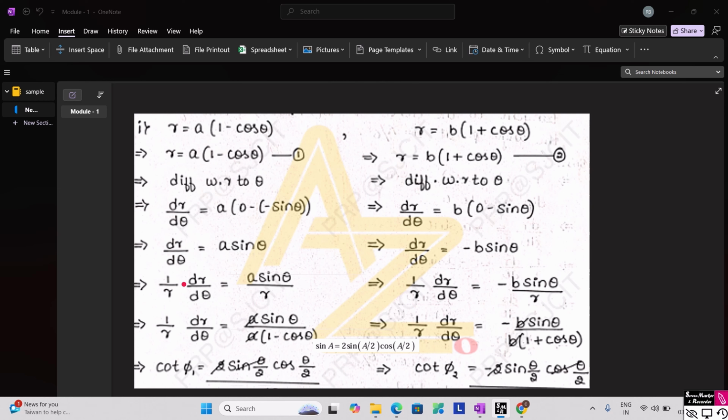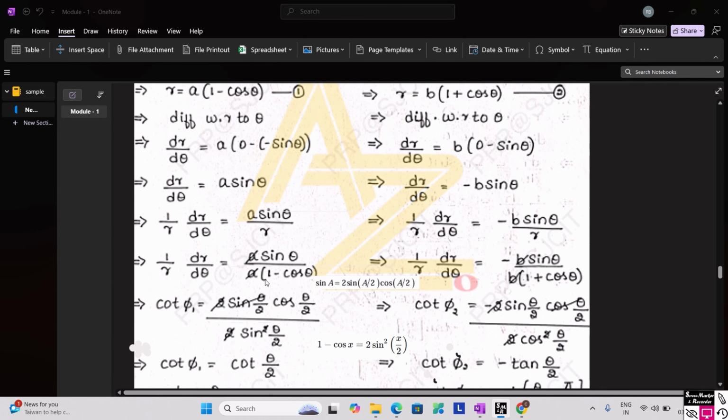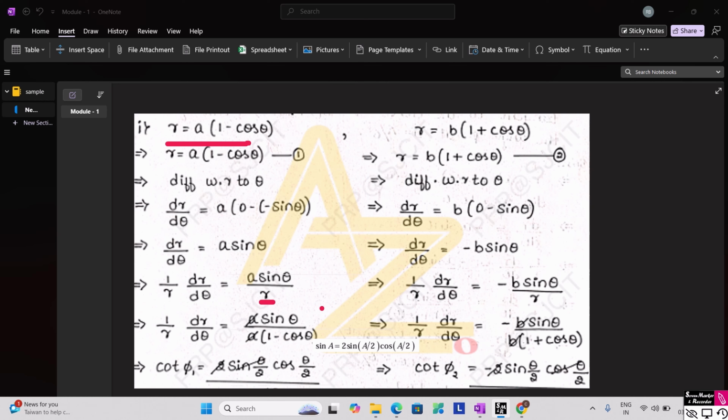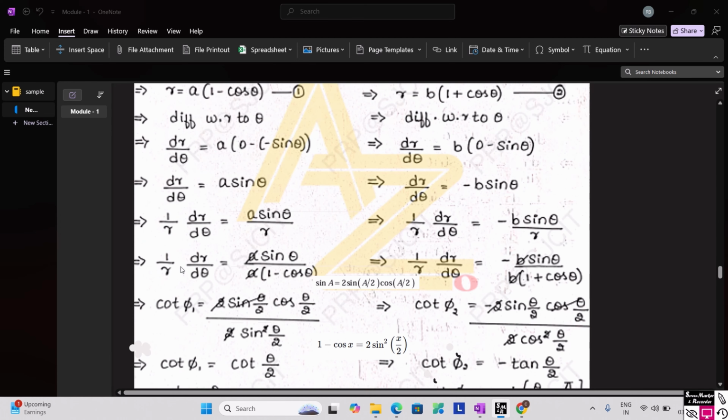So multiply 1 by r on both sides, we get 1 by r into dr by d theta equal to a sin theta divided by r. Okay, this we are doing for simplification purposes. So we know that here r equal to a into 1 minus cos theta. So we are plugging the value here as it is, for simplification. The equation becomes a sin theta divided by a into 1 minus cos theta.